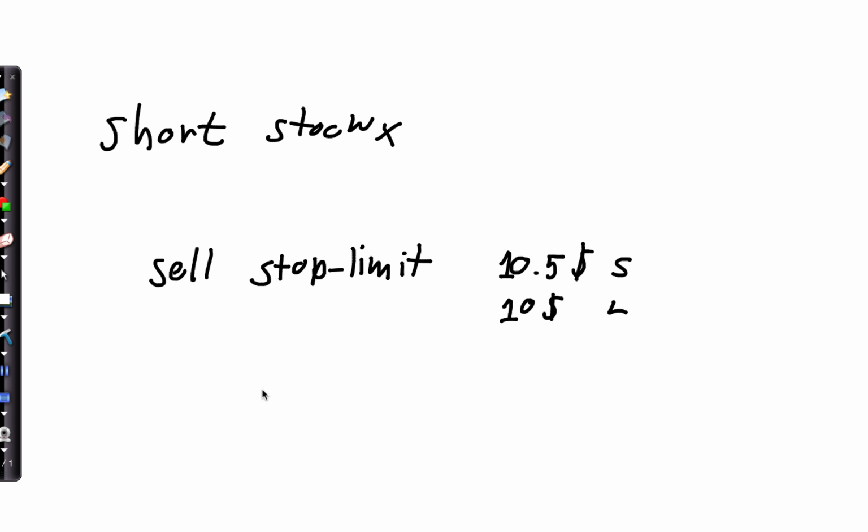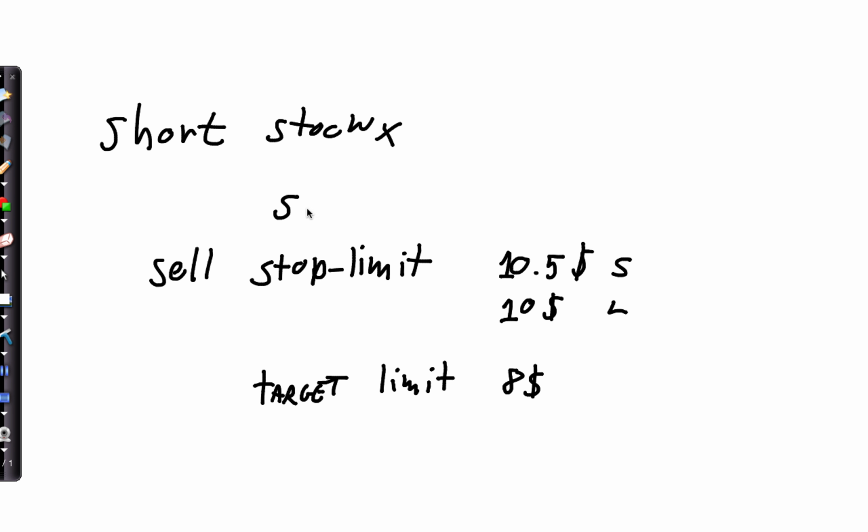What is the target profit? Well, the target profit now is below the entry price. So for example, the target, remember, is a limit, maybe $8. So it means I want to buy back if the price is going there, and I will make the difference.